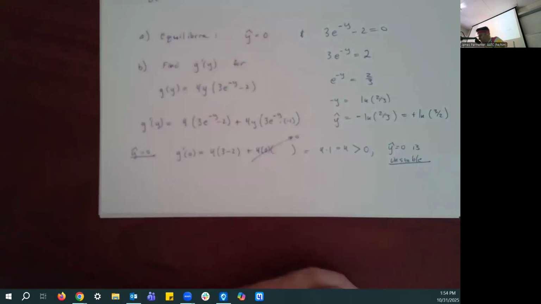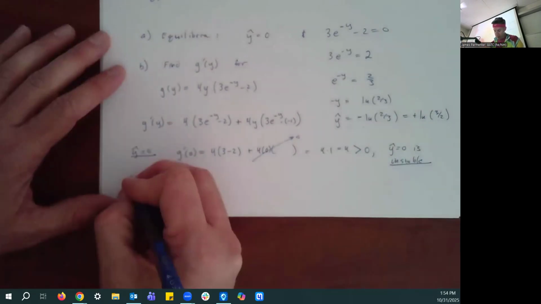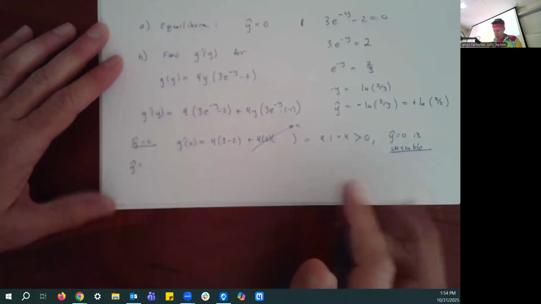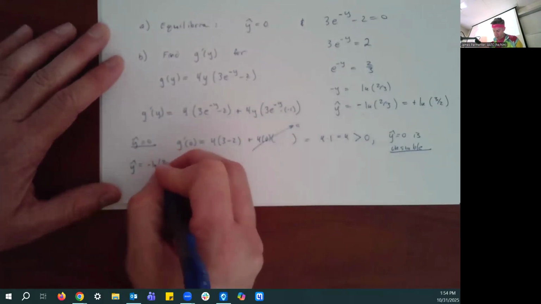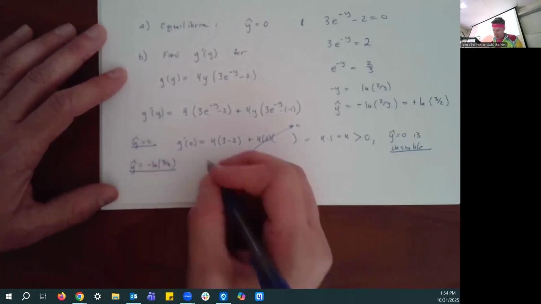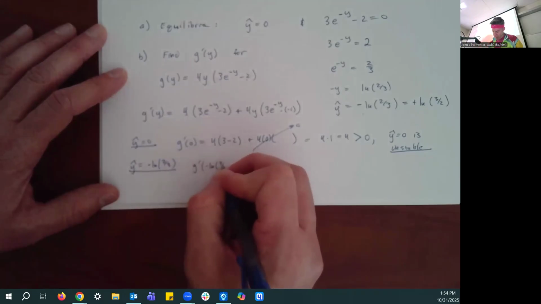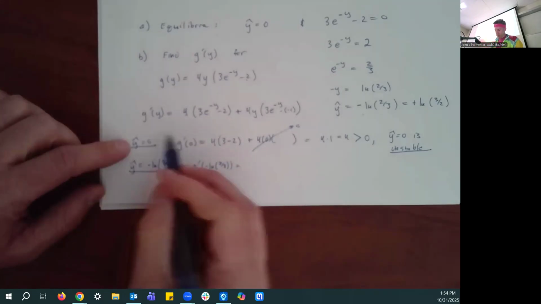On the other hand, let's see what happens when we plug in the other one. They could both be unstable, it could happen. So let's say we plug in y hat equal to negative natural log of 2/3. So we have g prime of negative natural log of 2/3 equal to, now let's be smart about this.